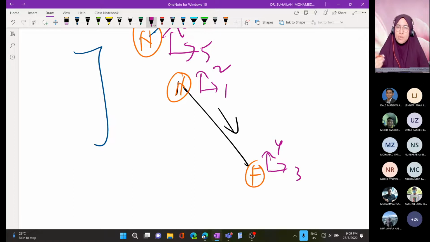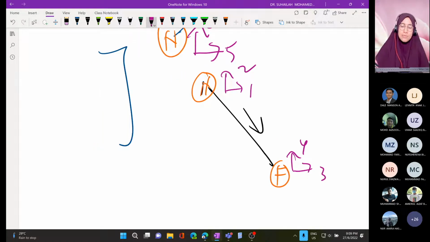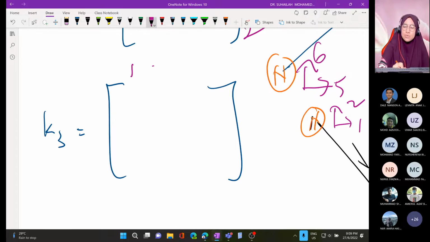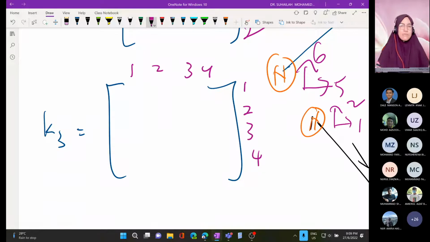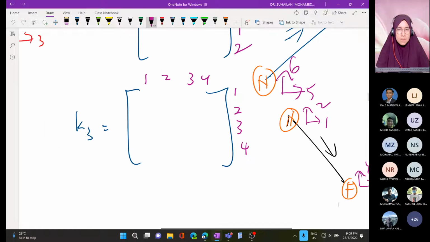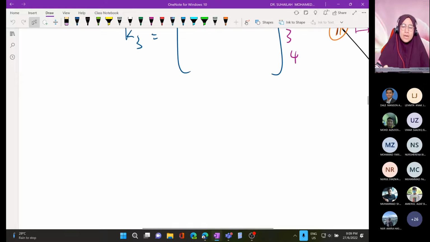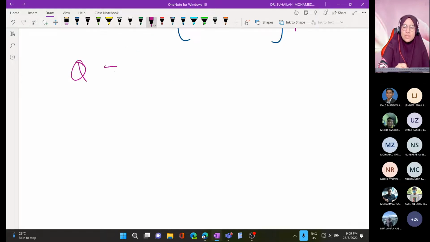So from this, we label K as 1, 2, 3, 4. Because there are 8 positions, we will have Q equals KD for the stiffness equation.